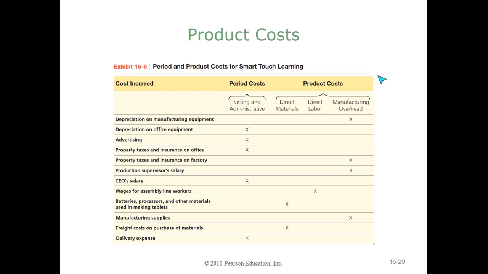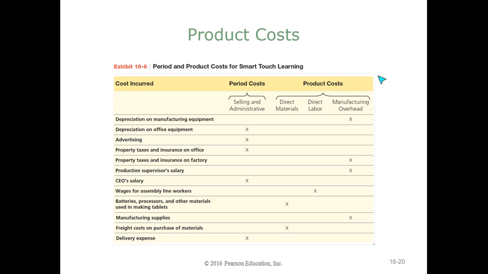No. Direct materials, is it a material that we're using to create the product? No, it's depreciation on the equipment, right? What about labor? Does it have anything to do with labor? No, it's equipment. So that's one way to go through these if you have questions asking you to identify certain costs. We know that depreciation on manufacturing equipment is not selling and administrative. It has nothing to do with selling and admin. It's manufacturing equipment. It's not a material. It's not labor. So it has to be part of manufacturing overhead.